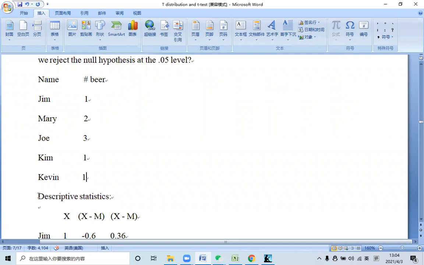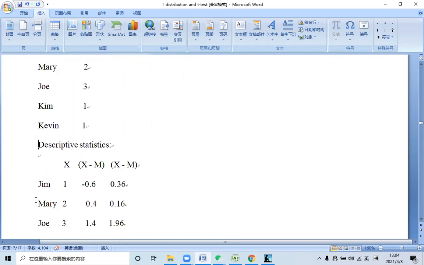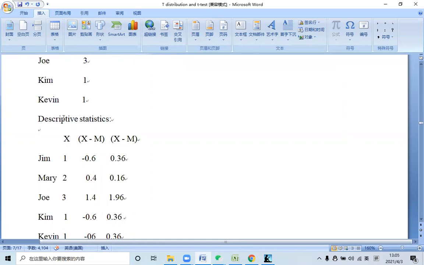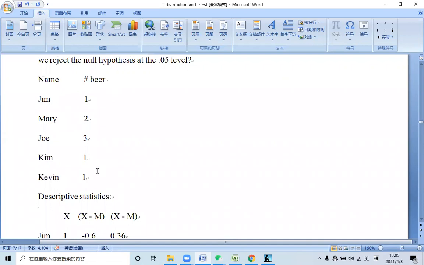And we can calculate the mean, the standard deviation, the variance. These are the descriptive statistics. Descriptive means we are calculating statistics based on the sample, based on the people we actually observe.